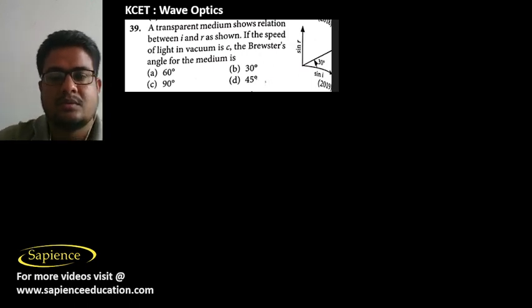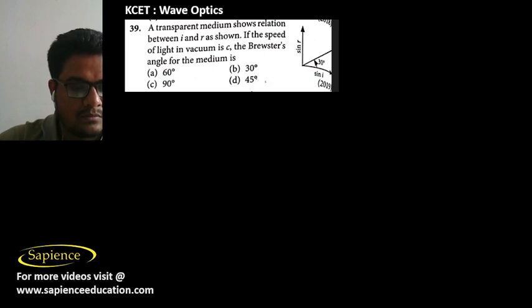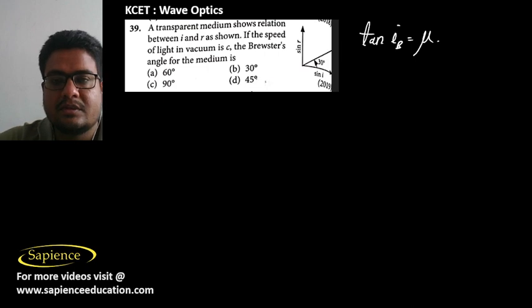So the Brewster angle is given as tan IB, that is equal to mu, where mu is the refractive index of the medium. So therefore now we have to find the ratio.